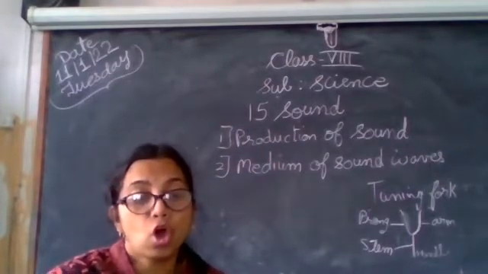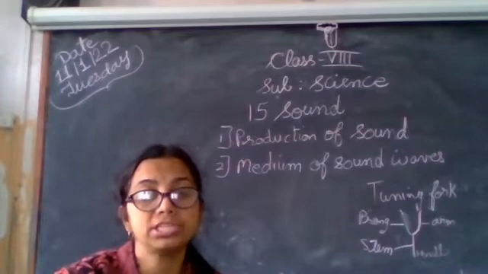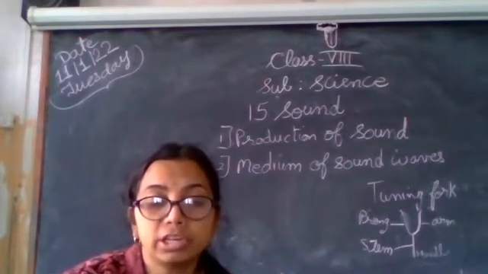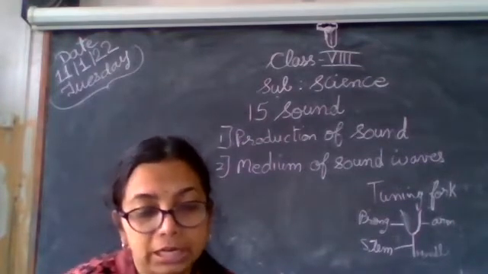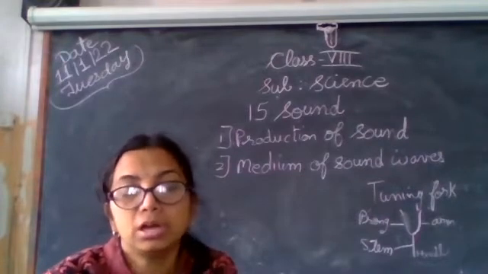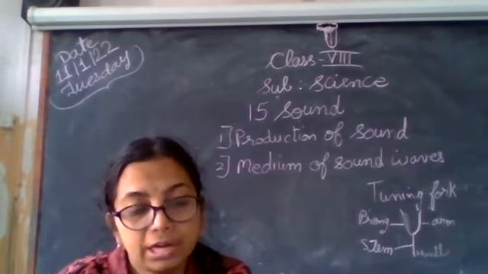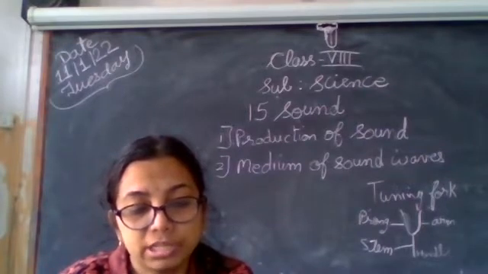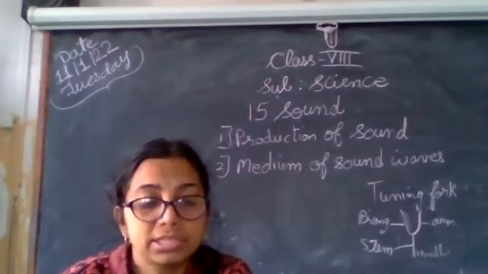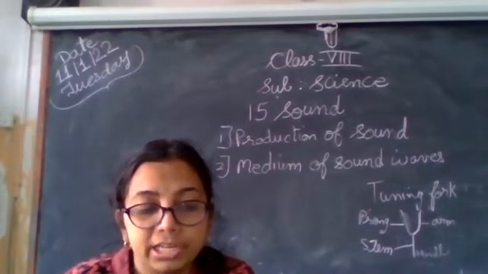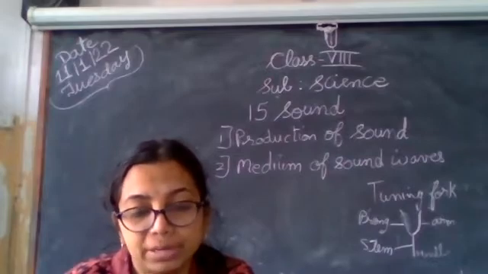Such a state of high pressure is created in the region closer to the tuning fork, and the region in which air is at a high pressure and high density is called a compression.